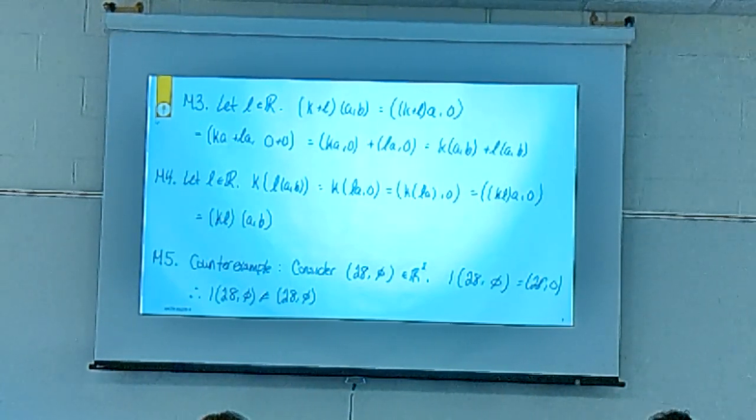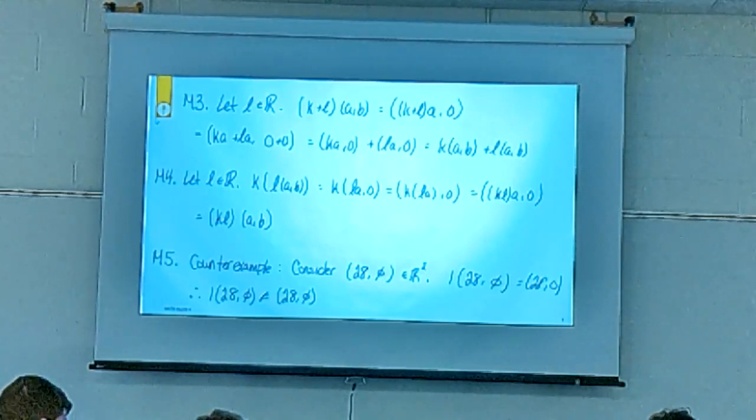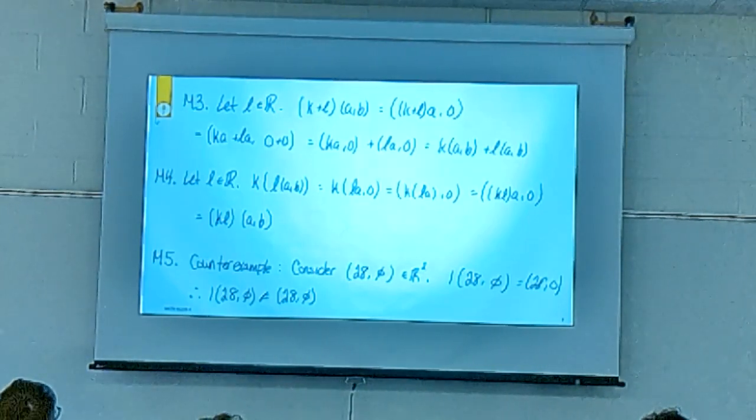That's what the fifth property says. That completes the problem. All of the axioms are satisfied with this definition of addition and multiplication, except for the multiplicative identity. In fact, there is no multiplicative identity. There's no real number you can multiply a vector by to get it back for every single vector.